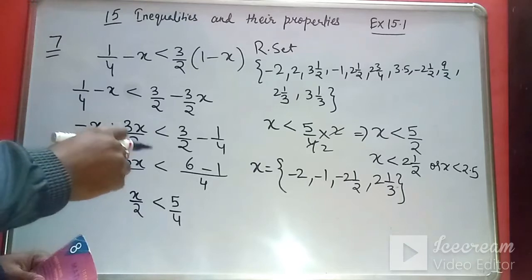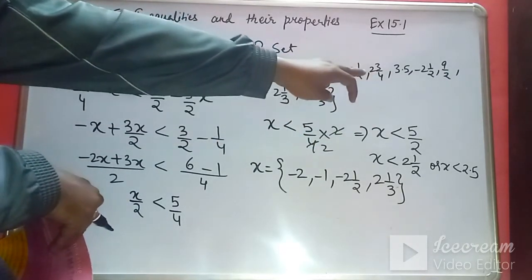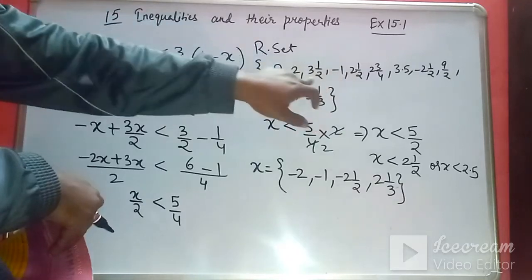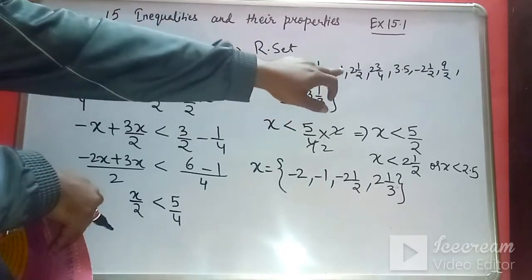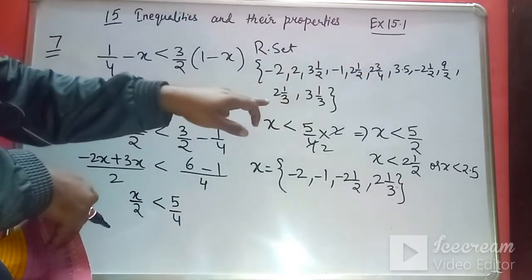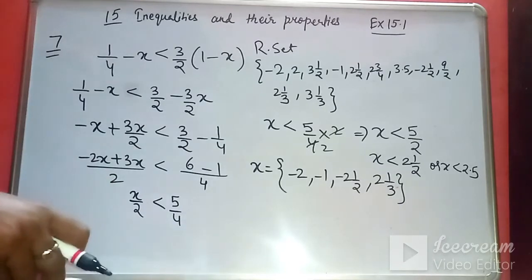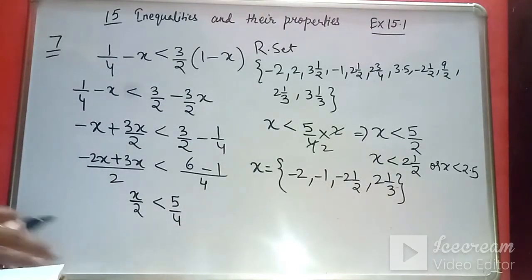So the values which are satisfying these conditions, we will take only those values: -2, -1, then -2.5, then 2 whole 1 by 3. Only these values are there in our solution. Okay, note the solution.